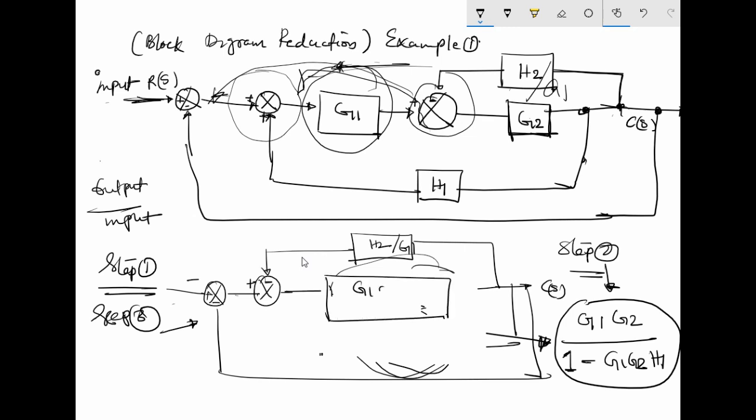So it is G1 G2 divided by 1 minus G1 G2 into H1. Now again there is a step 4.